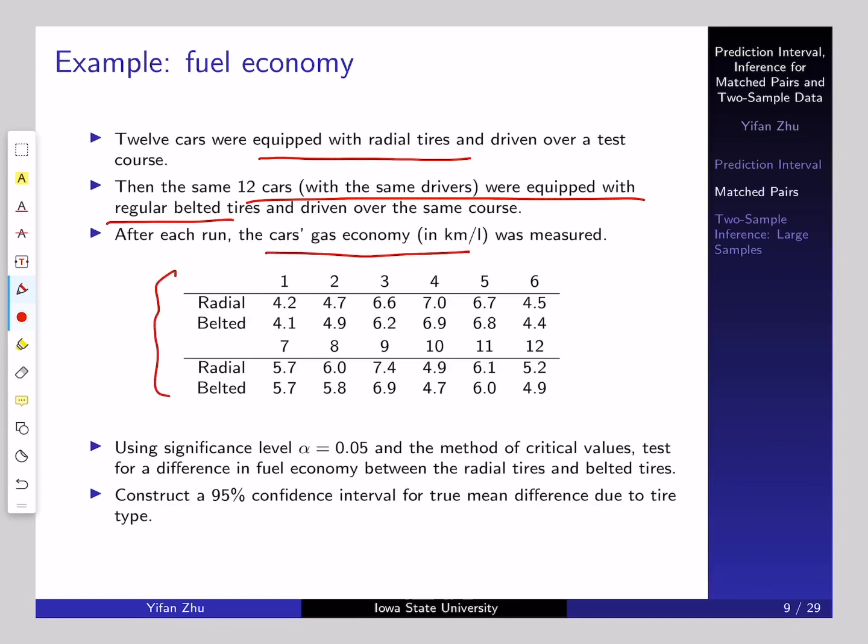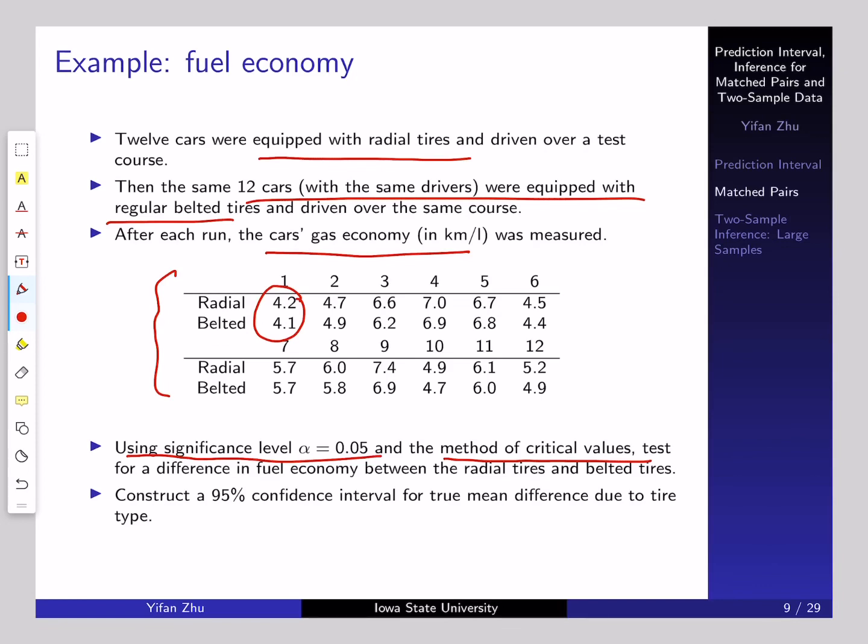This is our data for each car when it is equipped with radial tires and when it is equipped with belted tires. We record its fuel economy over a test. Then using the significance level alpha equals 0.05 and the method of critical values, we want to do hypothesis testing.